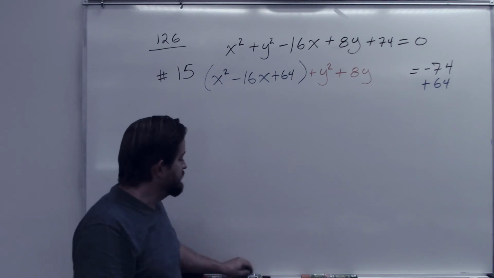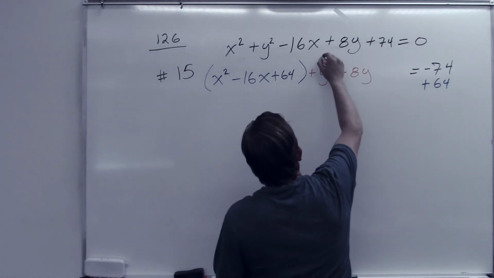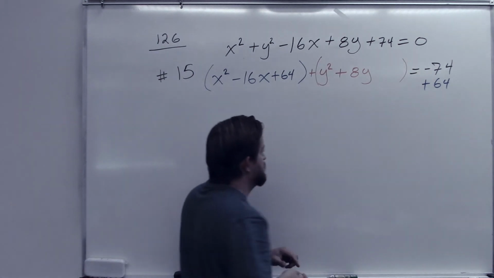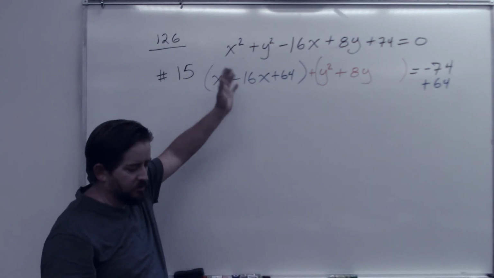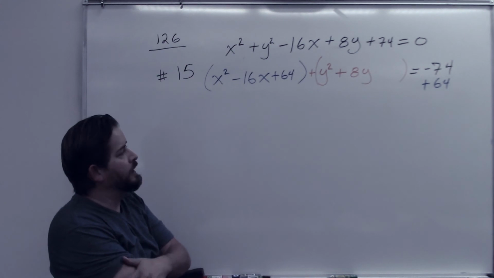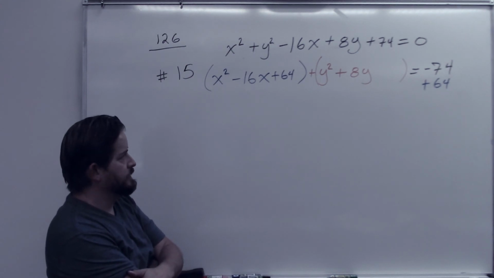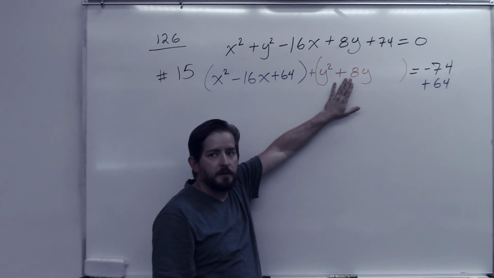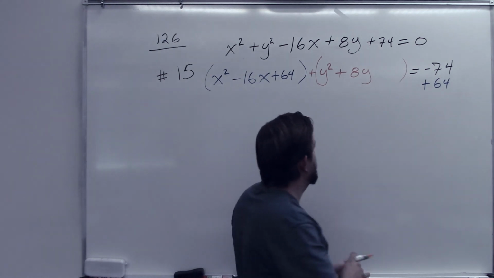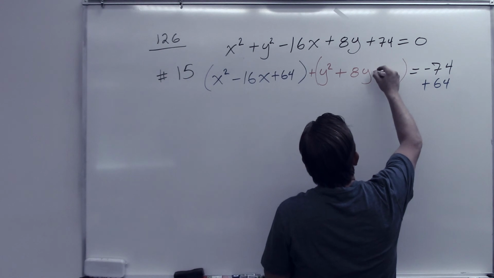And I'll do the same thing with my y's. And these parentheses aren't really doing anything, they're just grouping these guys together. Since there's pluses between the two, there's nothing weird happening here. I'll do the same thing here. Half of 8 is 4. 4 squared is 16, so I add 16 to both sides.